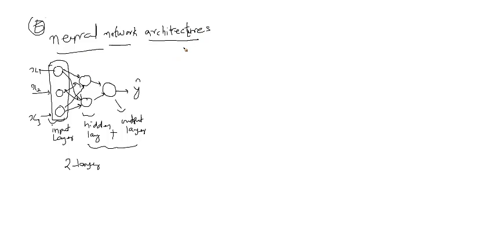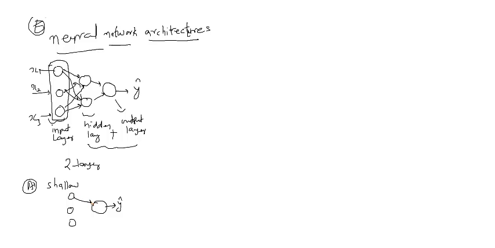Let's look at a few of them to gain some clarity. The first one we can look at is very shallow. Shallow essentially means you don't have any hidden layer. All you have is the input layer, and then you have an output layer, right?